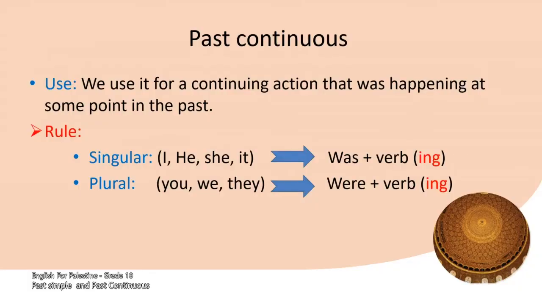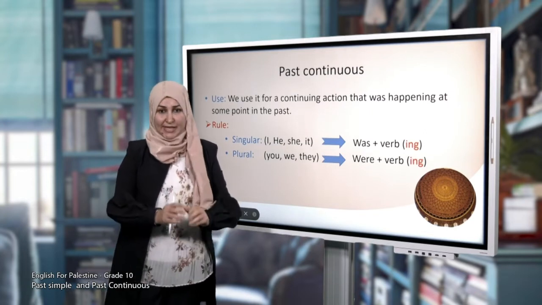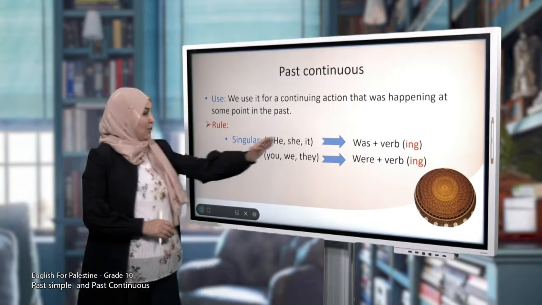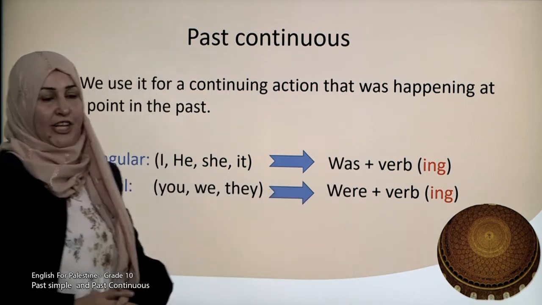Now, let's move to talk about past continuous. The use of the past continuous. We use it for a continuing action that was happening at some point in the past. The rule for the past continuous is was or were plus verb ing.